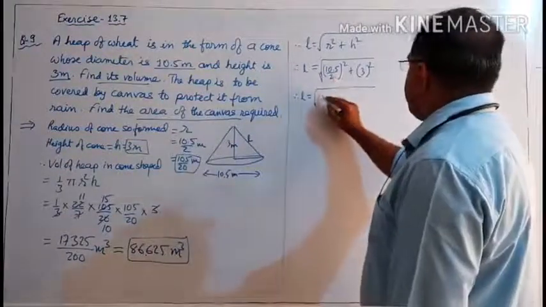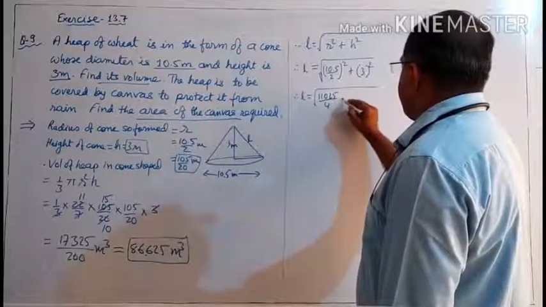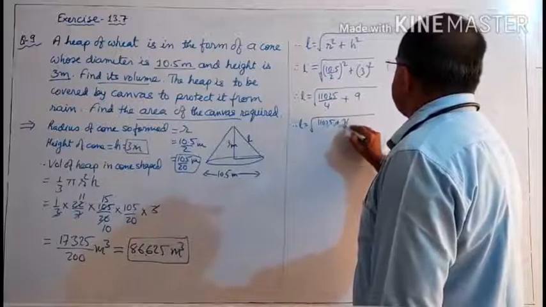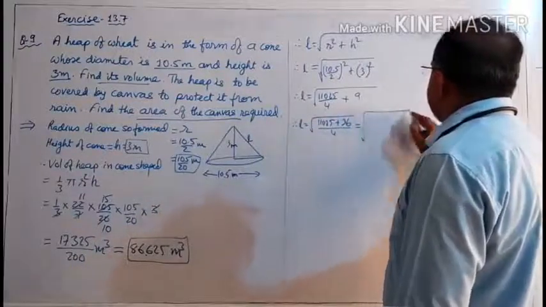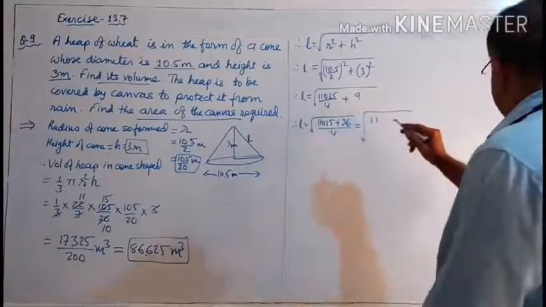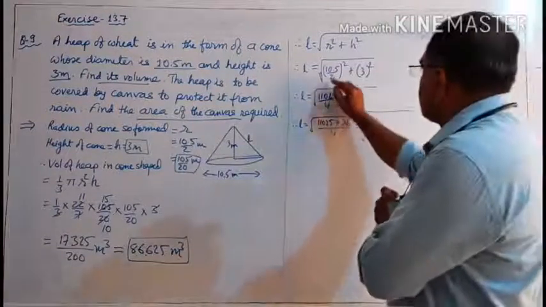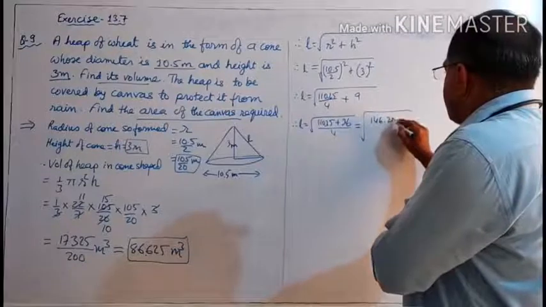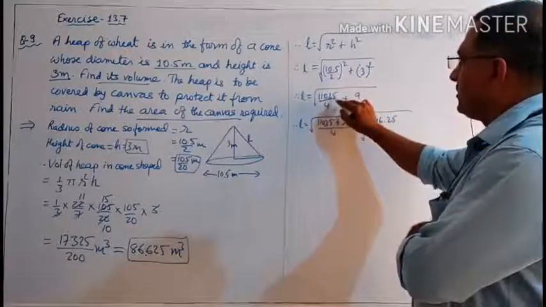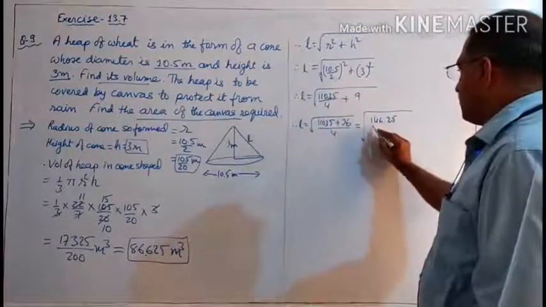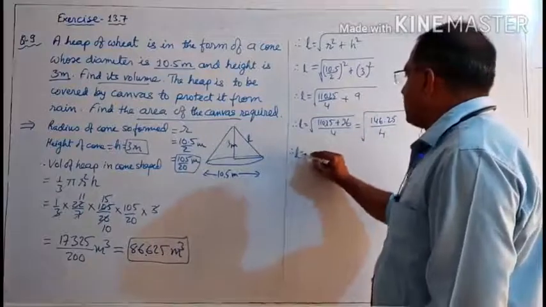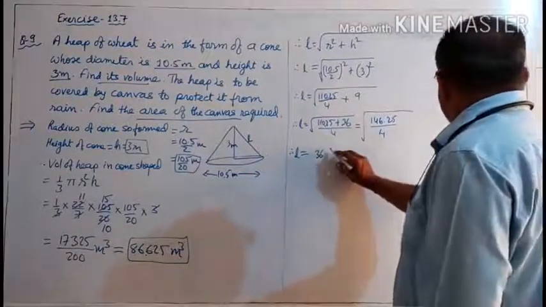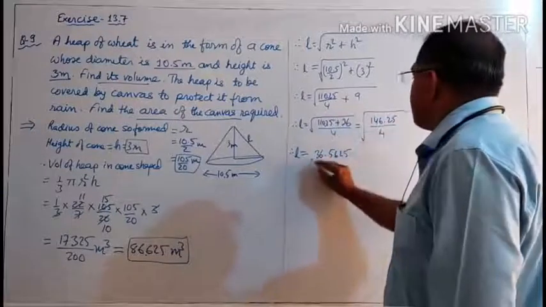So the slant height is equal to the square root of 10.5 by 2 whole square, that is 110.25 divided by 4, plus 9. Taking the LCM, we get 110.25 plus 36 divided by 4, that is 146.25 divided by 4, which is 36.5625, and we take its square root.